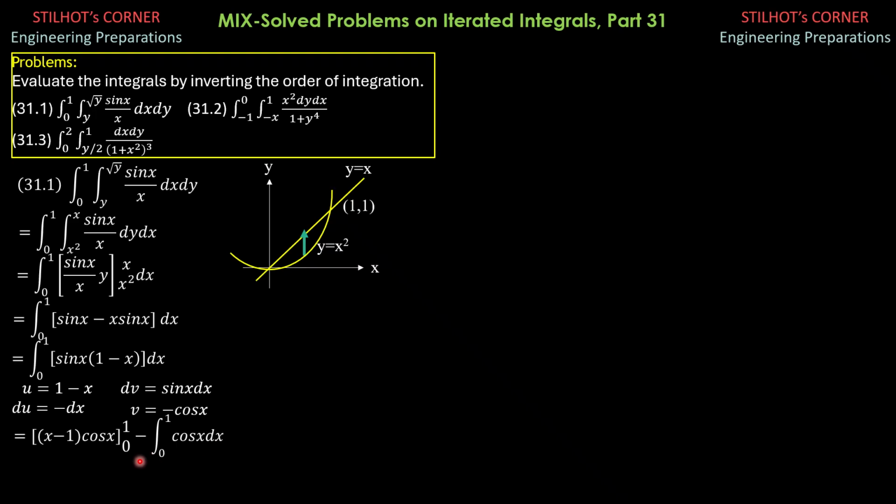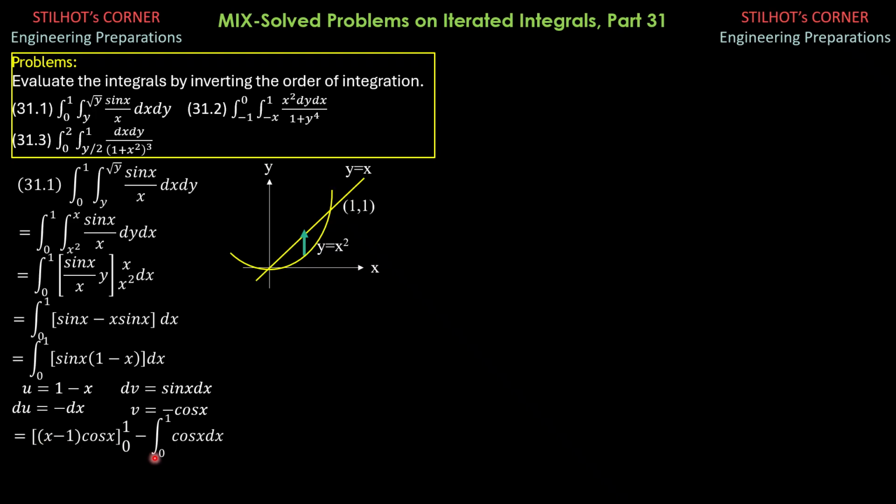So this would be 1 minus 1, 0, times cosine of 1. So that's still 0. Then x, lower limit, negative minus quantity negative cosine of 0, because x is 0, so minus negative cosine of 0.